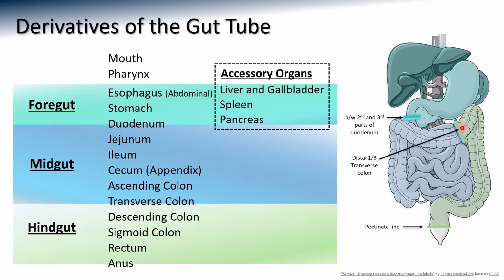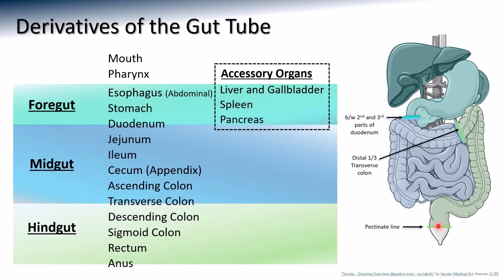And then the hindgut is the rest of the transverse colon, descending colon, sigmoid colon, rectum, and a little bit of the anal canal.